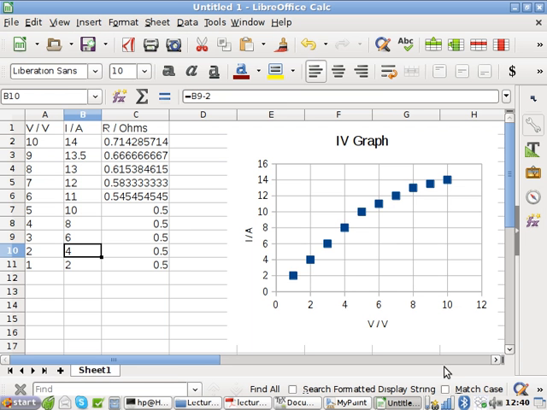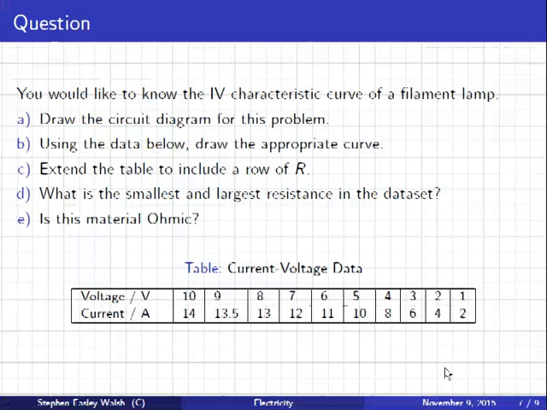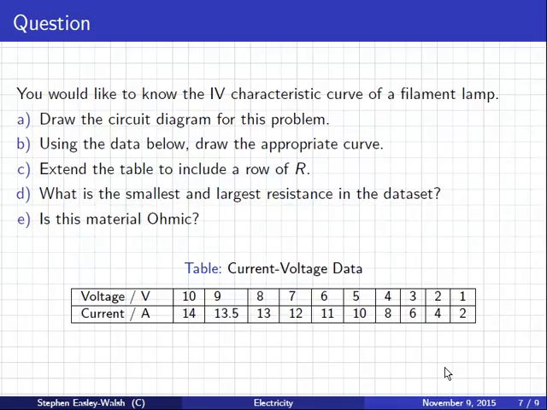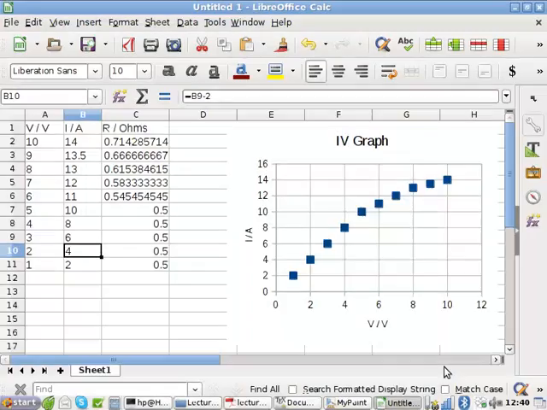Now, in part C, I ask you to calculate the R. And here it is, it's still the same. Now, what do you notice about the R? It's getting smaller. That's because the graph is going down, getting flatter. In fact, when it gets here, it increases.